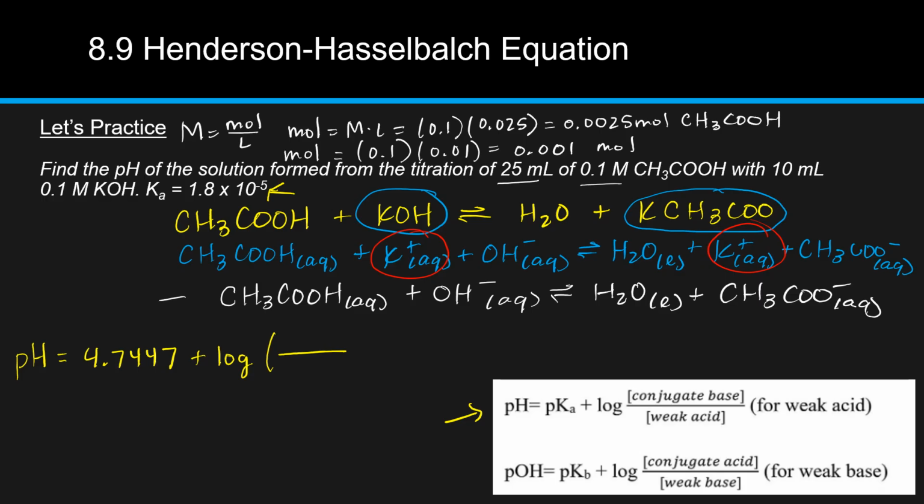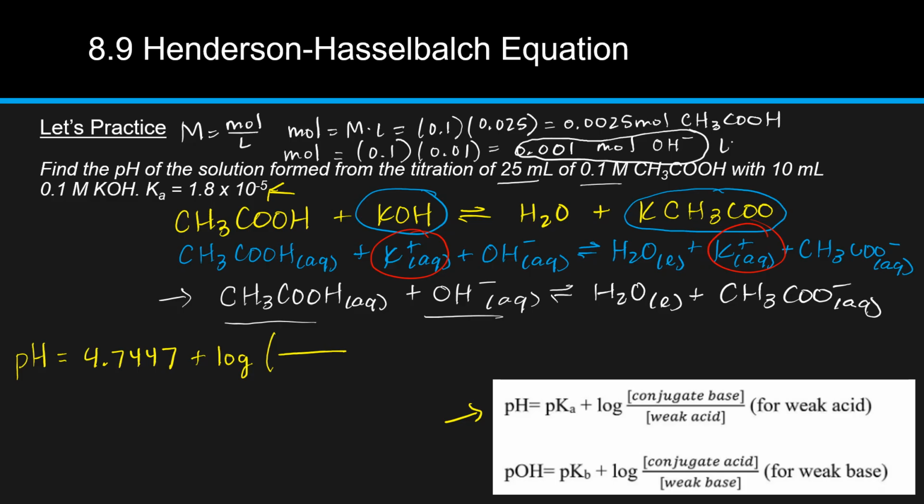And since I am following my net ionic equation, that is going to be equal to hydroxide. So everything in my net ionic equation is a 1-to-1 ratio. And if I'm looking at my two reactants, I know that my limiting reactant is going to be hydroxide because I have less of it.